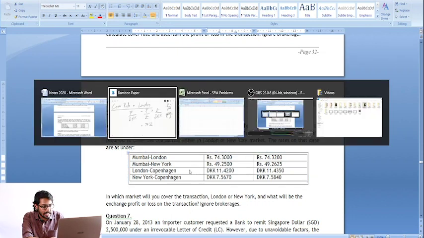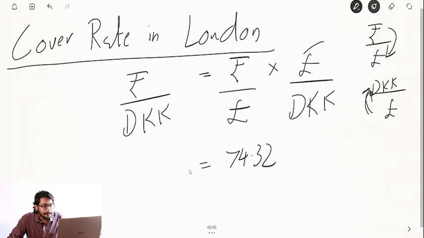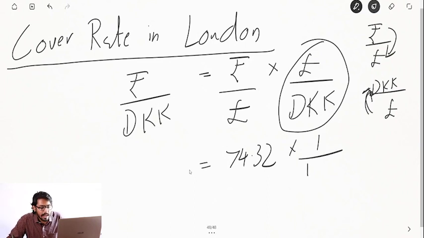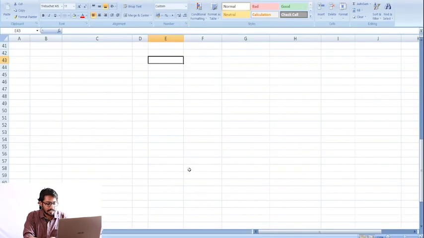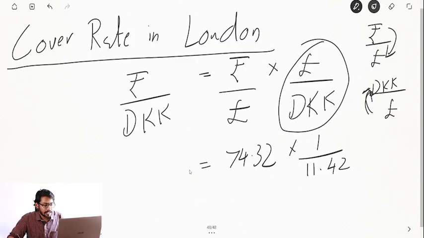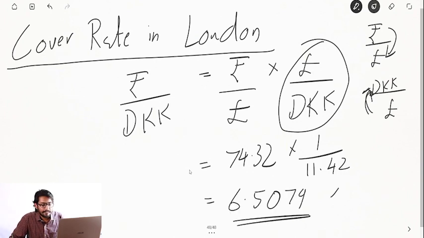What is given is DKK by pound, but what we need is pound by DKK, so take the inverse, 1 by 11.42. 74.32 divided by 11.42 is 6.5079. That is rupee by DKK 6.5079.